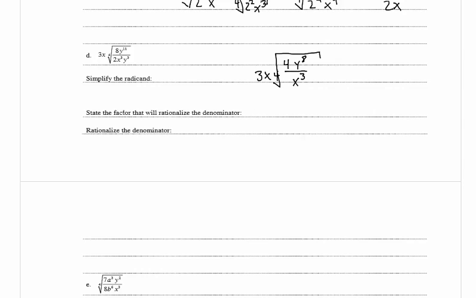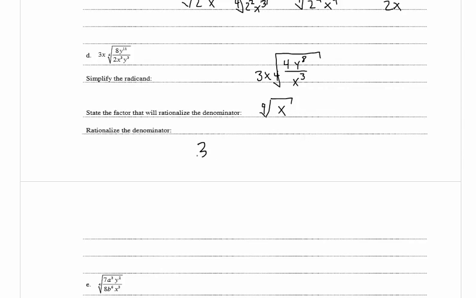And now it wants us to state the factor that will rationalize the denominator. And we have a fourth root, and we have 3 factors of x, so we need 1 more factor of x in the denominator. So we're going to multiply by the fourth root of x. And now it wants us to rationalize the denominator.